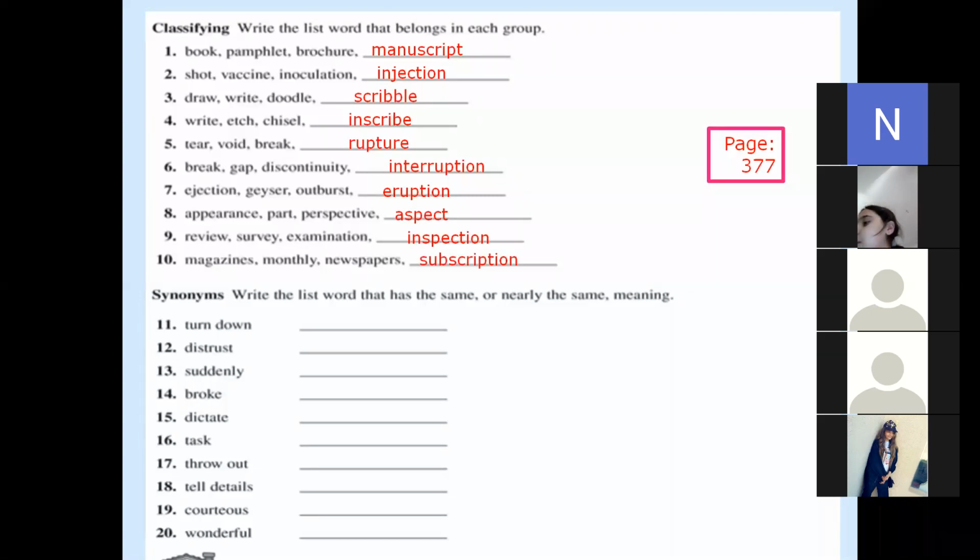Now write the list word that has the same or nearly the same meaning. Reject. Perfect. Yes. Distrust. Suspect. Suddenly.